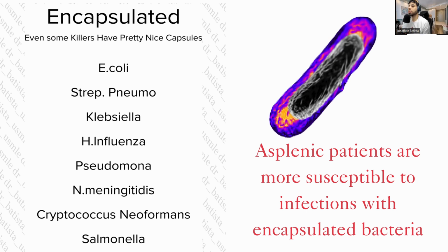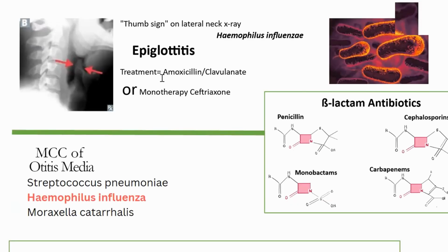So then I said the treatment for epiglottitis, we said Haemophilus influenzae causes epiglottitis. Then we said the treatment, amoxicillin with clavulanic acid. You can also give monotherapy of ceftriaxone. That can also be used many times if you don't know the culprit. If you don't know the culprit 100%, you can give empiric treatment, a wide spectrum treatment.